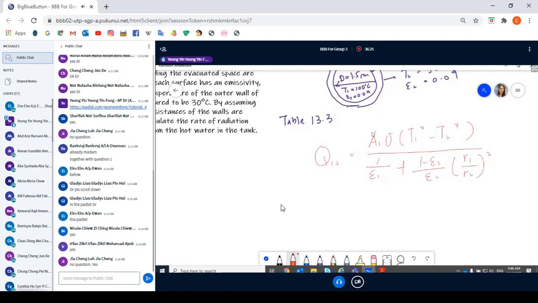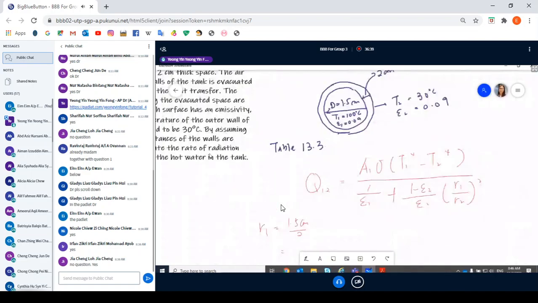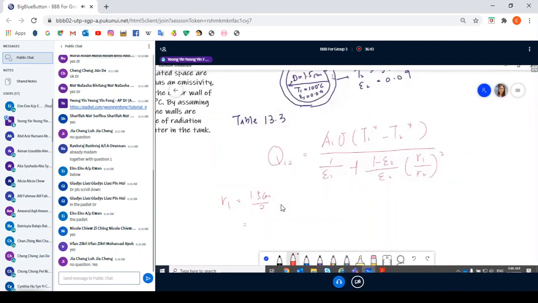R1 you can easily get over here, 1.5 divided by 2. I think it's not cm, isn't it, students? Yeah, it's meter. Sorry, correction over here. It is meter.